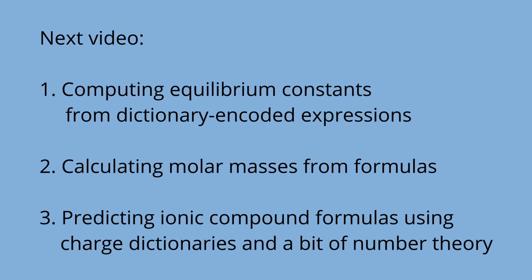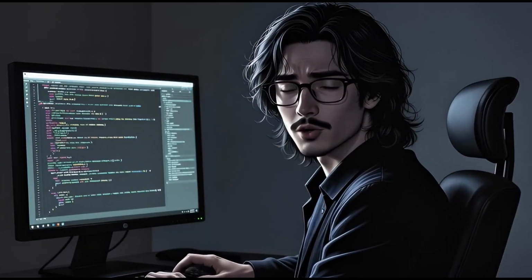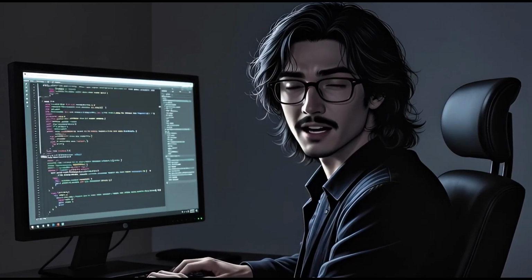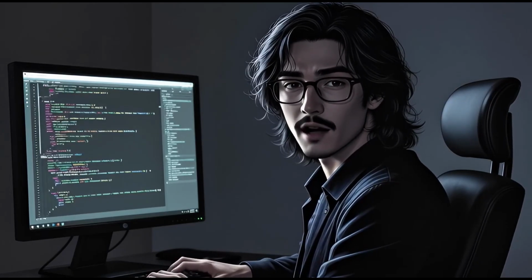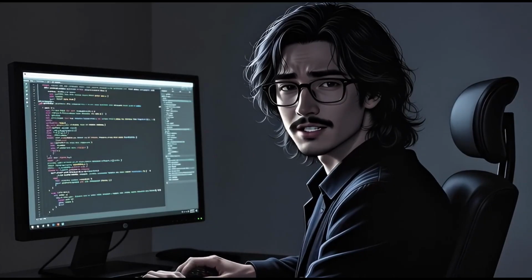In the next video, we'll apply all of this to actual chemistry problems: computing equilibrium constants from dictionary-encoded expressions, calculating molar masses from formulas, and predicting ionic compound formulas using charged dictionaries and a bit of number theory. If that sounds fun, yes, fun and equilibrium constants in the same sentence, stick around for part 2. In part 2, we'll turn these dictionary tricks into real chemistry tools. See you there.